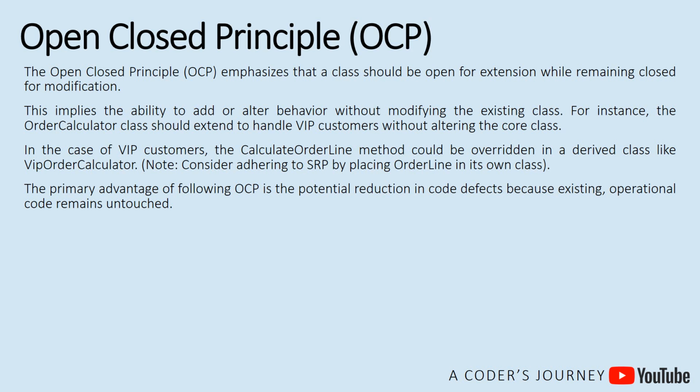If you change that code, you will probably cause some code defects or regression. So when you stick to OCP, you are not touching the code that you have already written, tested, and deployed to production. Rather, you are writing new code and creating new classes. This is, I think, the primary advantage of OCP. It reduces the possibility of introducing defects in your code base.